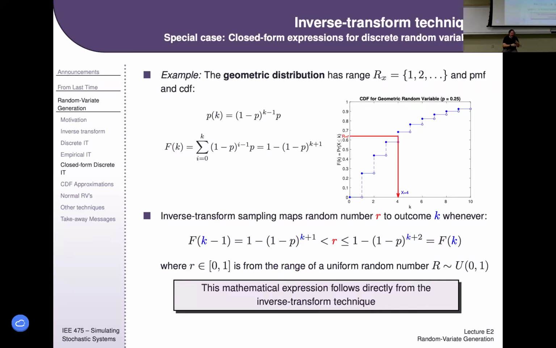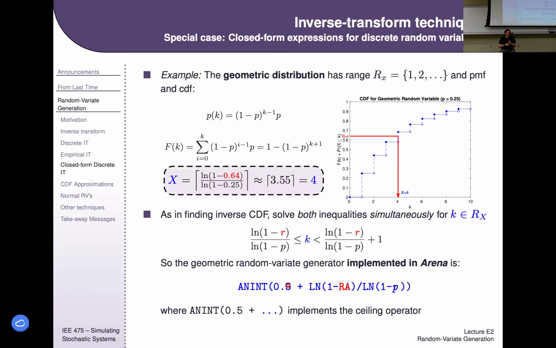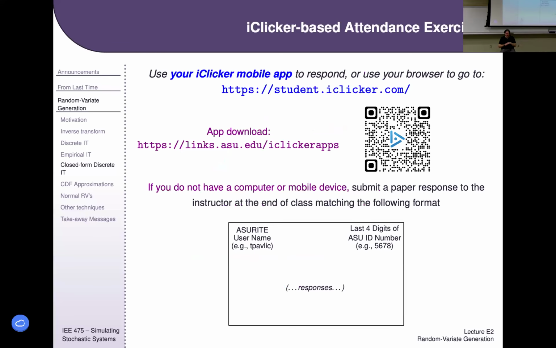So that's a more symbolic, more mathy way to do this, but it's only for these special cases where you've got that nice closed form. So that's where some of these come from. When you get lucky about that, there are ways to implement those in Arena.